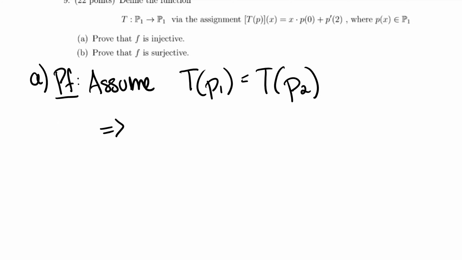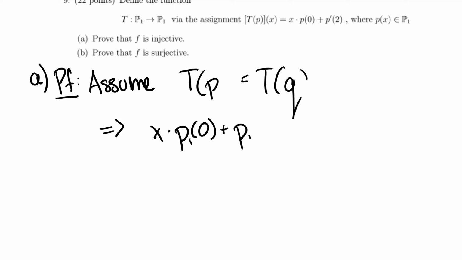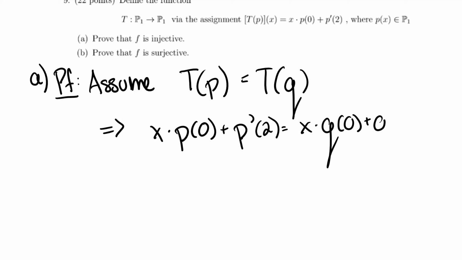Then what does that mean? Well, that means that x times P1 of 0 plus P1 prime of 2... maybe I should use P and Q, that might be easier. P prime of 2 equals x times Q of 0 plus Q prime of 2.